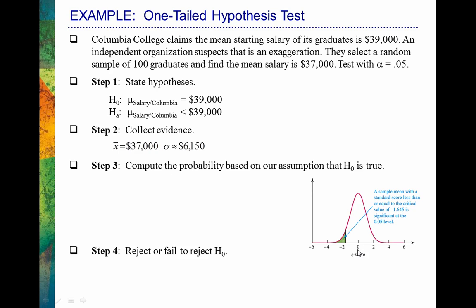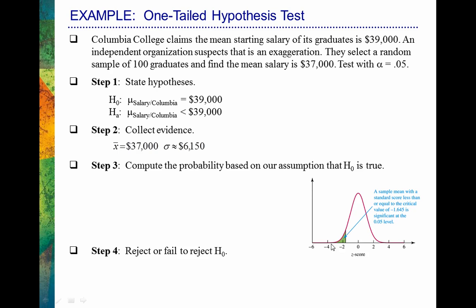We know right here in the middle is that population mean of $39,000. If we were to transform it into a z-score, it would equal a z-score of 0 because it's right there at the mean. We want to figure out now, where is that mean of $37,000? Is it a mean somewhere around here, which means it's quite likely we would expect to find it just by chance? Or is it a mean that would be in here, which is very unlikely to be found just by chance?